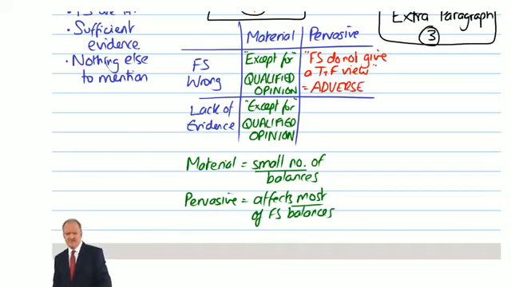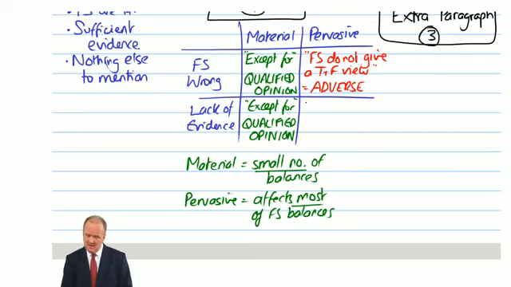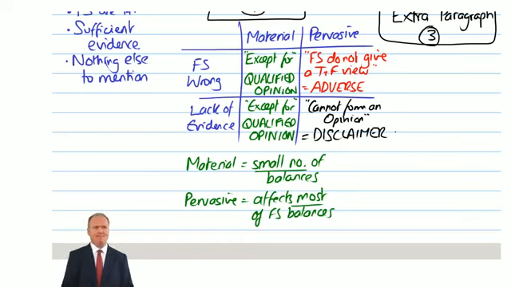If, on the other hand, we are lacking evidence about most of the balances in the accounts, then we cannot form an opinion on the financial statements because we lack too much evidence, and that is called a disclaimer.